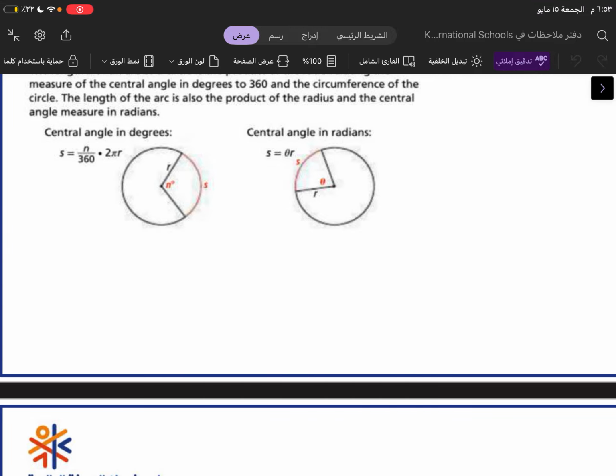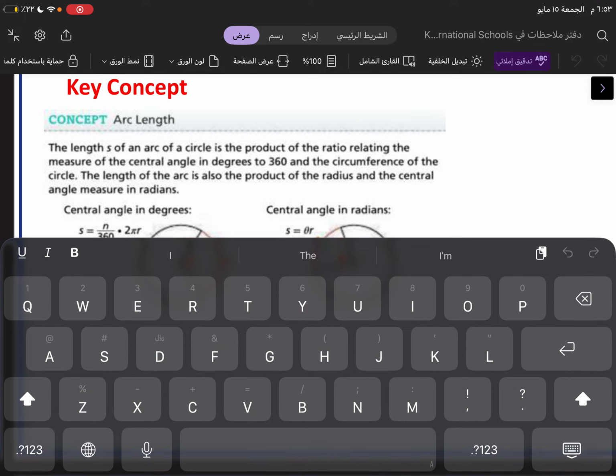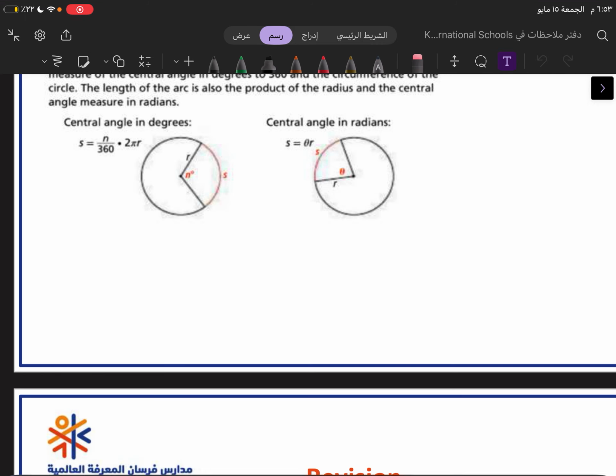For example, if the angle comes in degrees, the law will be the angle over 360 multiplied by 2 pi r, which is the circumference of the circle. But if the angle comes in radians, I mean in pi, you just multiply it by the radius directly using your respected calculator. Are you good with that?